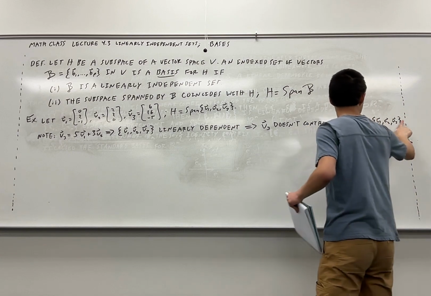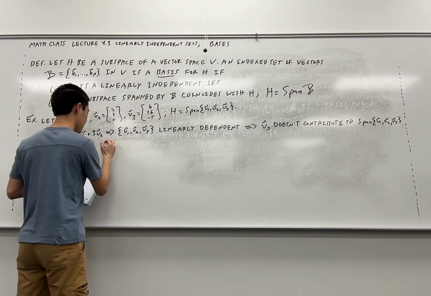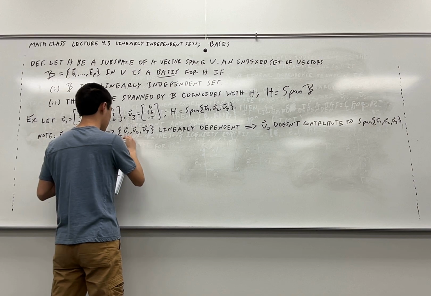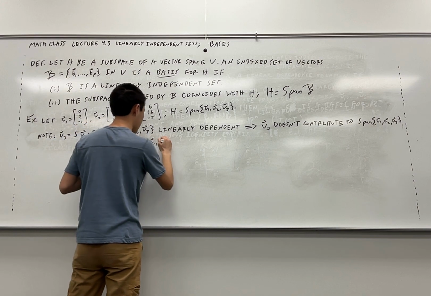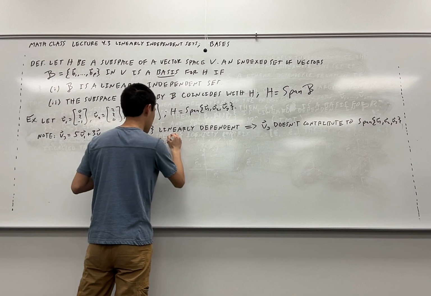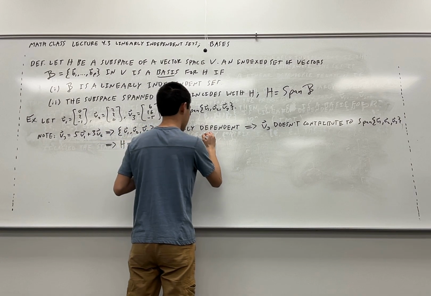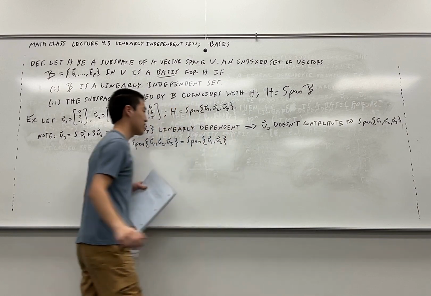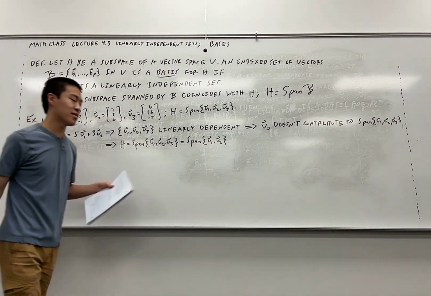And if it's not contributing to the span, then that means my H, which is the span of v1, v2, and v3, is entirely unaffected if we just chop v3 out and leave it with v1 and v2, which are the only two vectors that are actually pulling weight here.